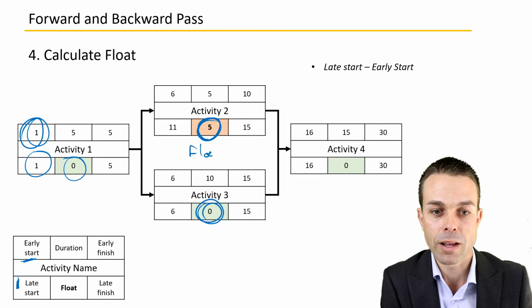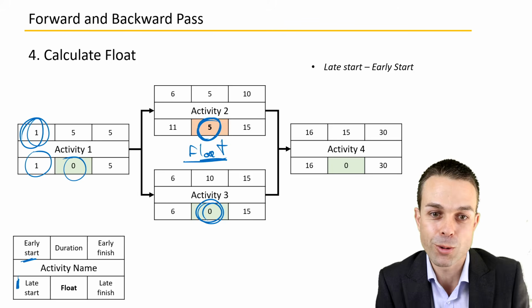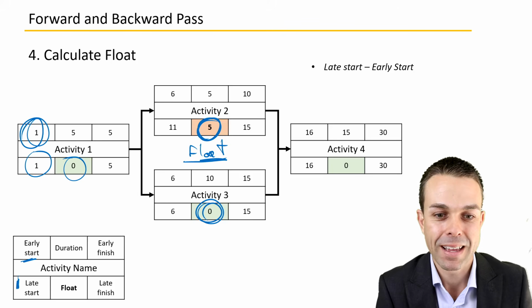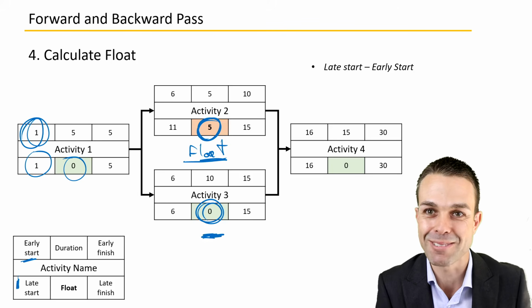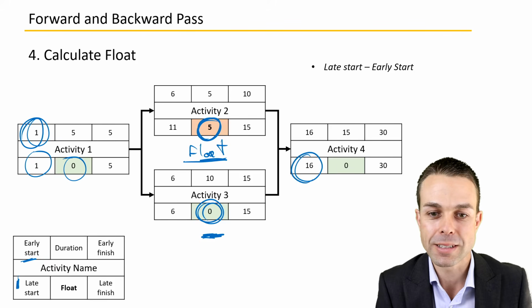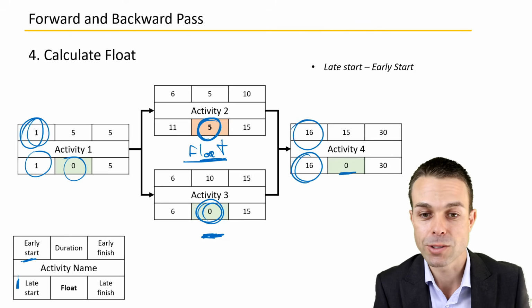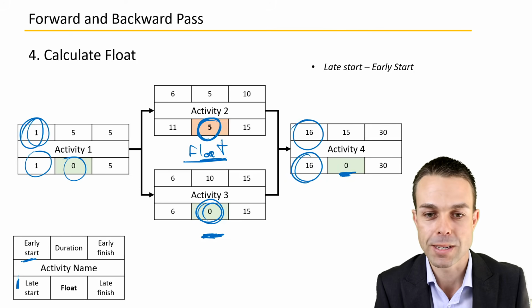So we have a little bit of project float or leeway or wiggle room for that particular activity. But we don't have any for this activity because it's still 0. And on the final one, we have 16 minus 16 gives us 0 again. So there's no wiggle room for this particular activity.